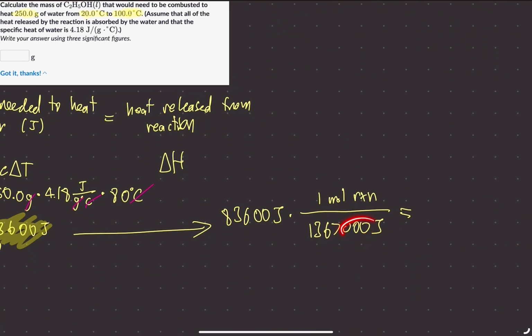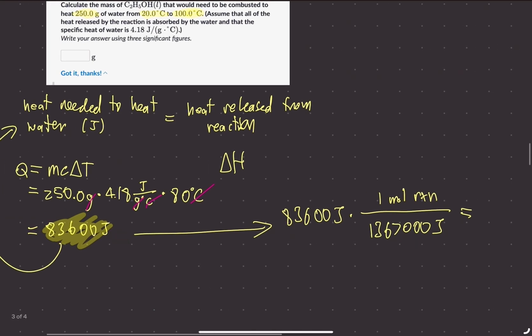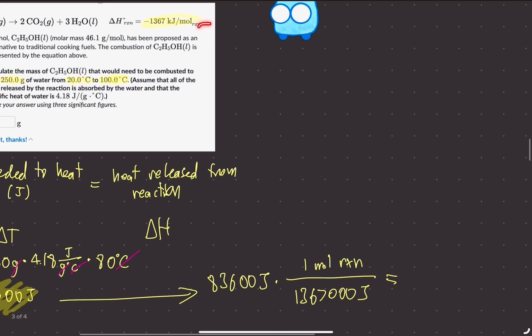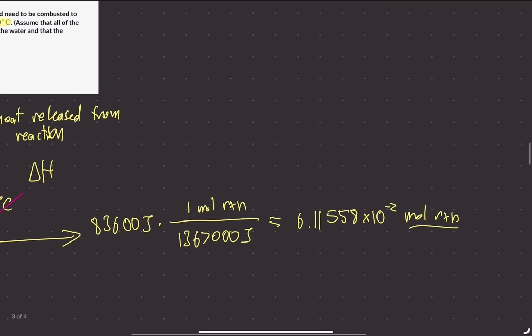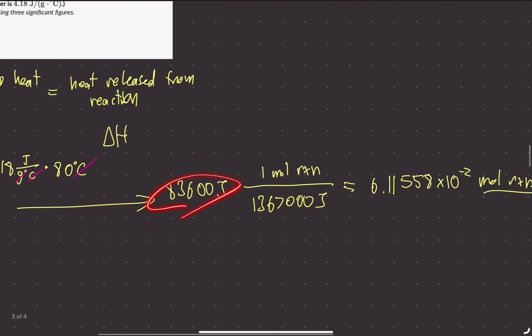That's how we did it. And so I multiplied this number by this, which came from delta H. And I got that you need 6.11 times 10 to the negative 2 moles of reaction that we need to combust to make this much heat.